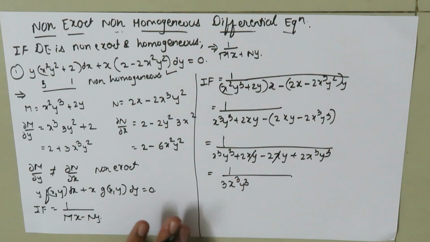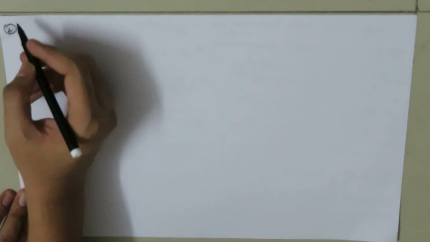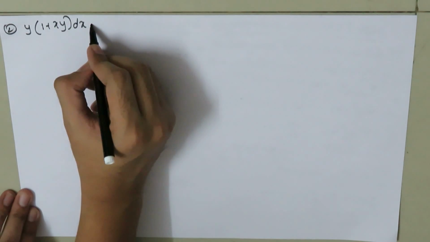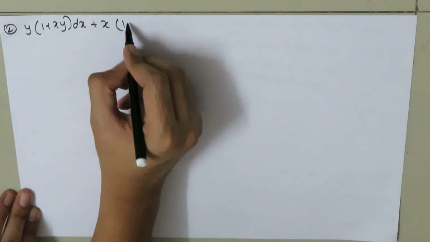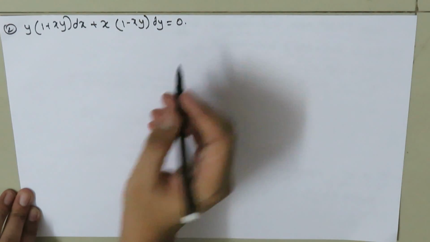Let's take another example. The second example is y times (1 plus xy) dx plus x times (1 minus xy) dy is equal to 0.